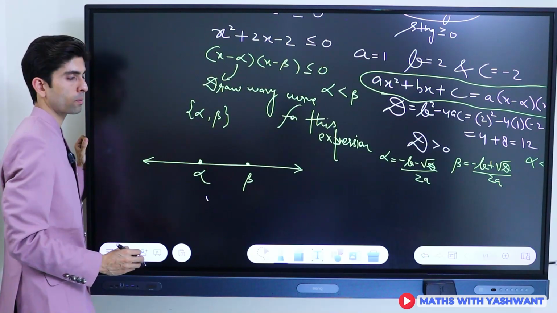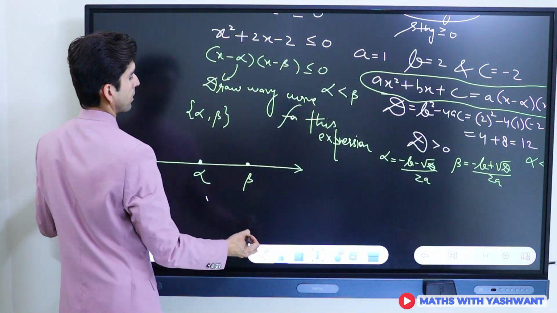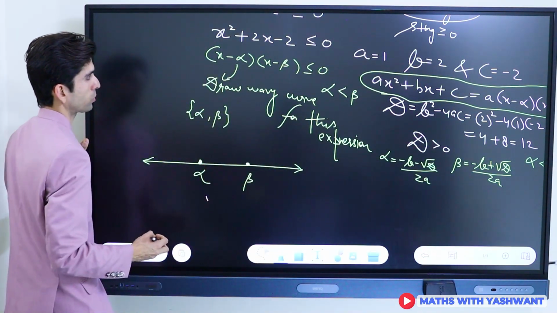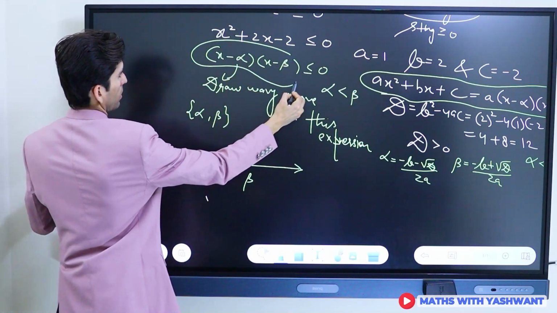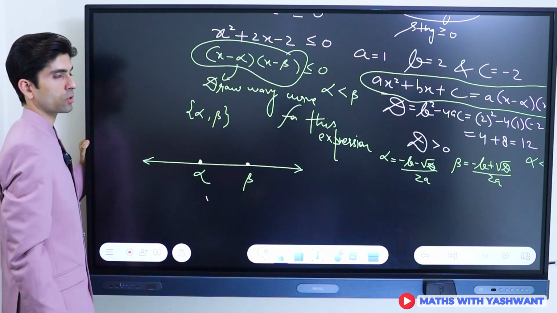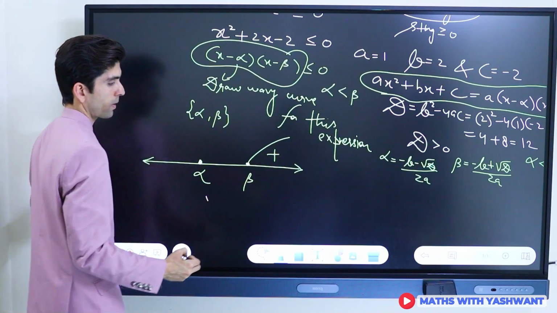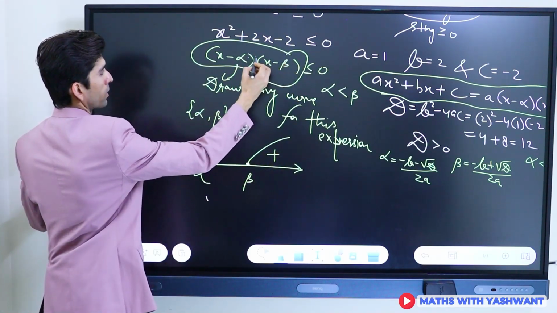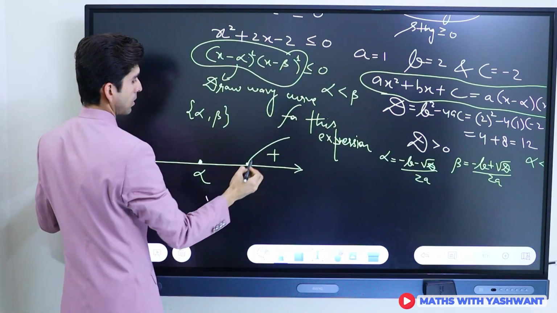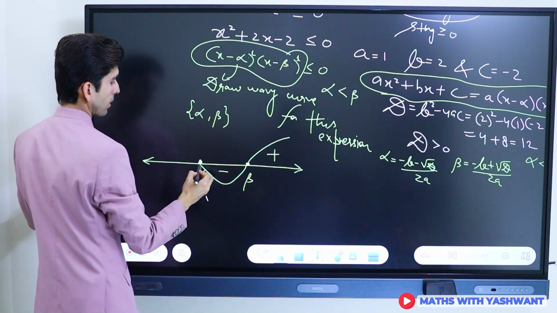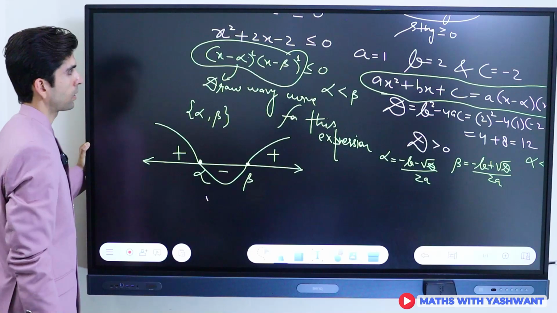Now we start drawing the curve from the right side of the rightmost critical point, and with a positive sign above the number line, because you see this expression, this belongs to case 1, the structure belongs to case 1. So with a positive sign above the number line, we start drawing the curve, and all the powers are odd here. The power is 1, the power is 1, positive to negative, and from negative to positive, we get this curve.